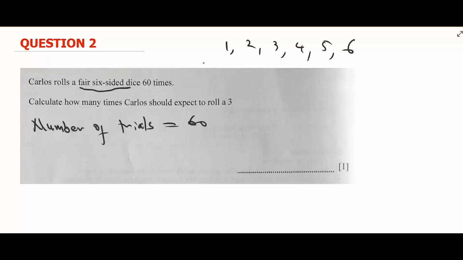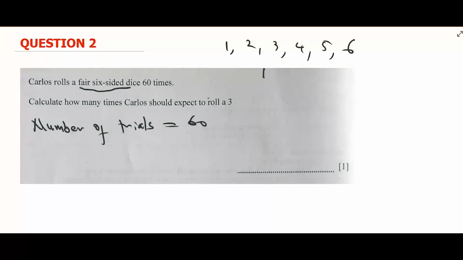Now, if it is fair, that means each of these numbers has the same chance of being shown. So if it is rolled once, a given number can show up once.